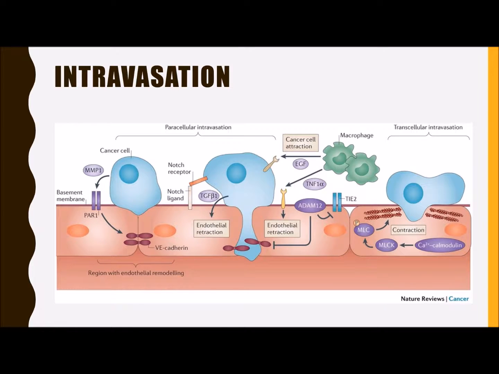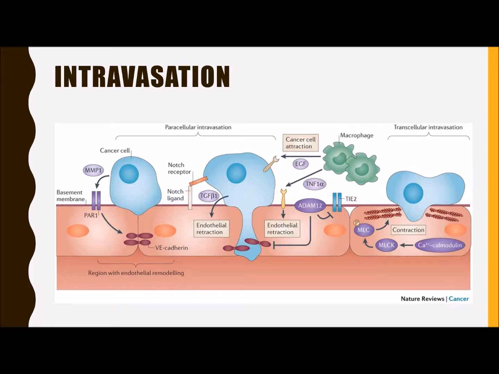These intravasation processes are promoted by tumor-associated macrophages. First, it is transported through paracellular intravasation, which happens via the endothelial cell junctions, or transcellular intravasation, which happens at the endothelial cell's body.